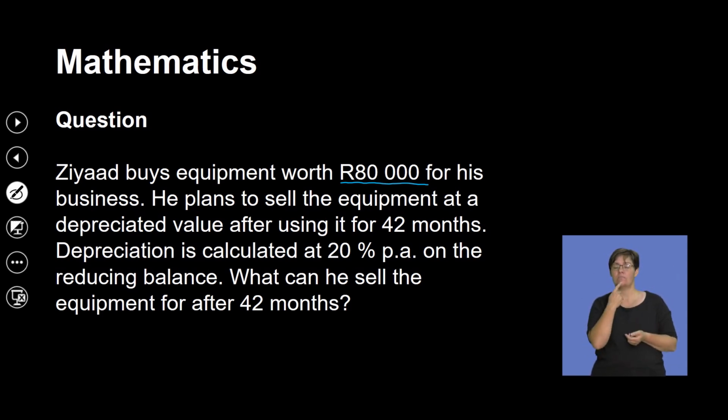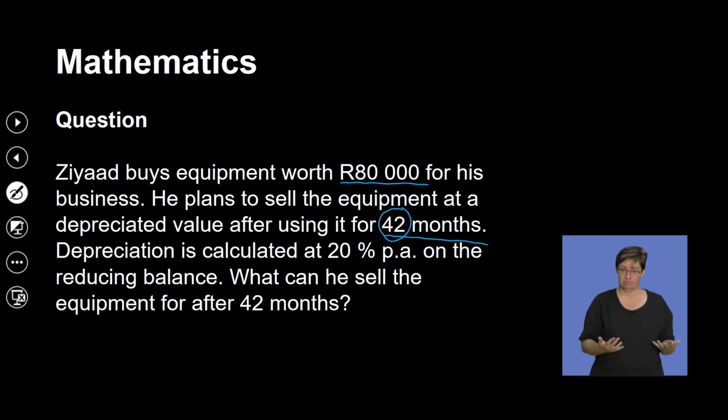But now he plans to sell the equipment at a depreciated value after using it for 42 months. So remember, we said depreciation is on a yearly basis, but here they're giving it to us on a monthly basis. So you will need to first convert how many years are in 42 months.